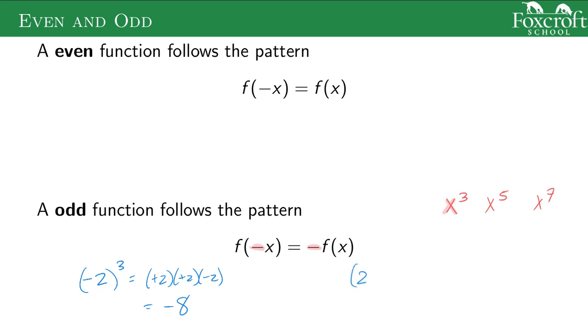If I plug in positive 2, that's just 2 times 2 times 2, I get positive 8. So when I put in the negative value, it's the same as just putting a negative in front of the positive, as if I plugged in the positive one. So odds are a little bit more difficult. Even, if you plug in the negative, you just get the exact same thing. Odds, if you put in the negative, you just take the original and put a negative at the front.